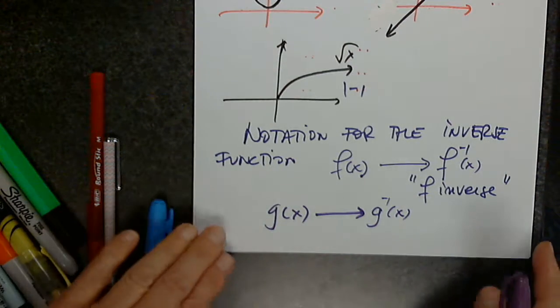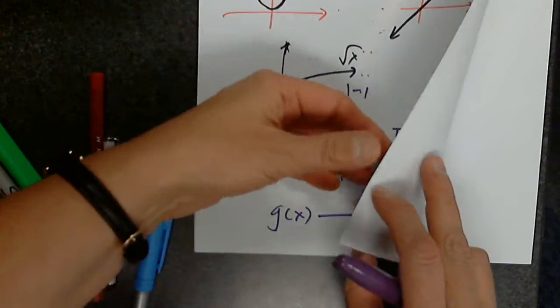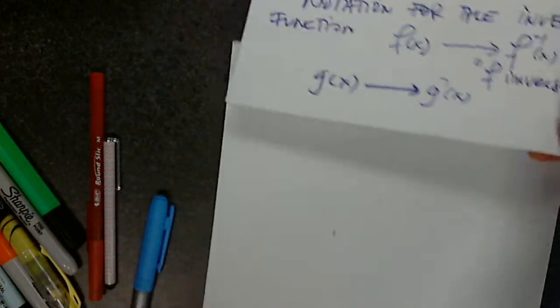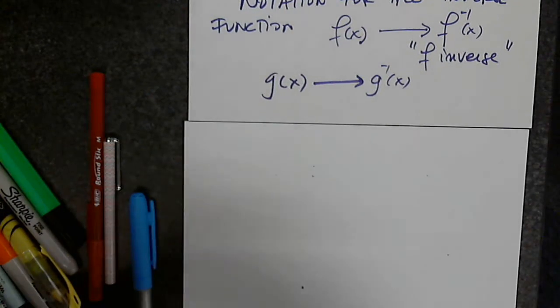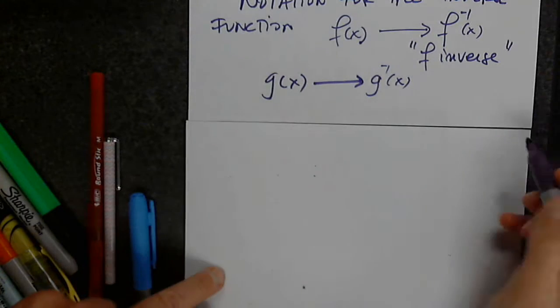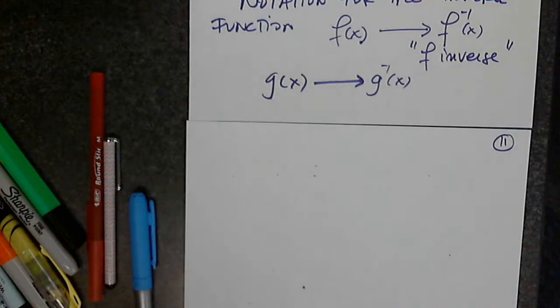So there is a 4-step procedure for finding the inverse. Did we ever have a 4-step procedure before for something else? Function composition.